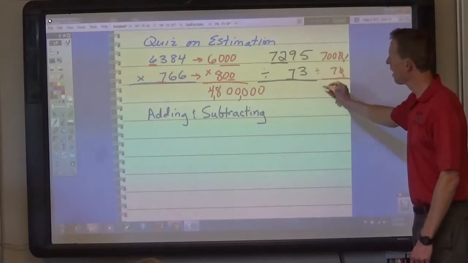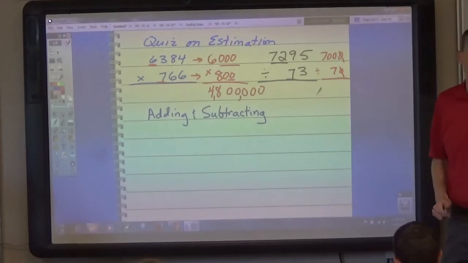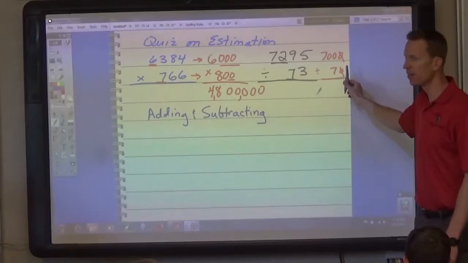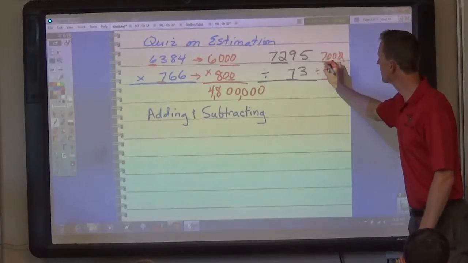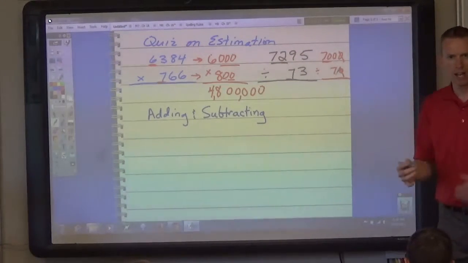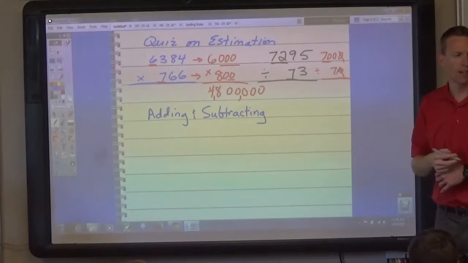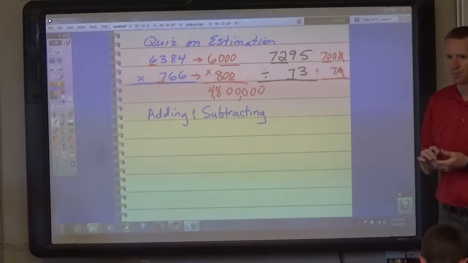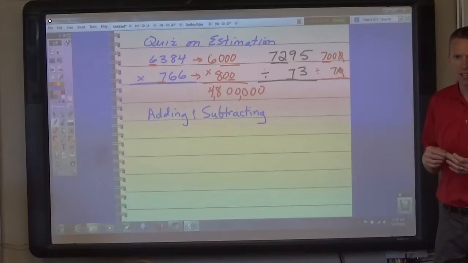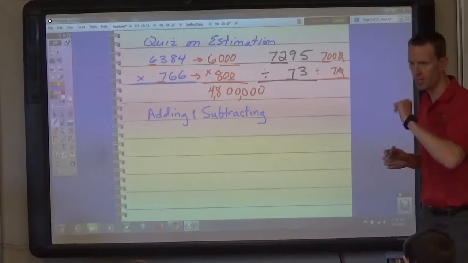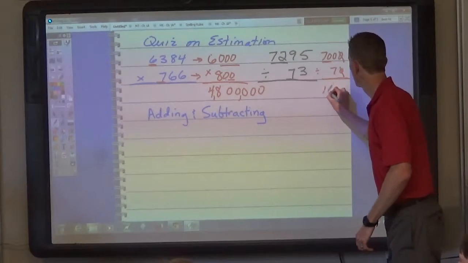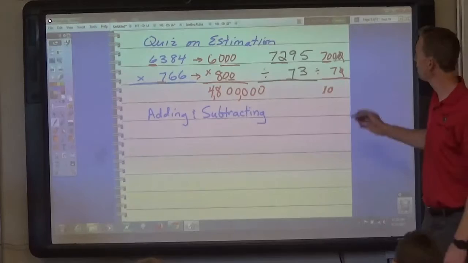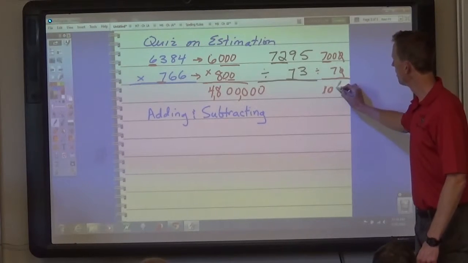Good. So now we have to do the division and either do 700 divided by 7, or maybe we just do 70 divided by 7, because we can do that in our head. What's 70 divided by 7? Lindsay? 10. But then we have a 0 left over, and we put that 0 into our answer.